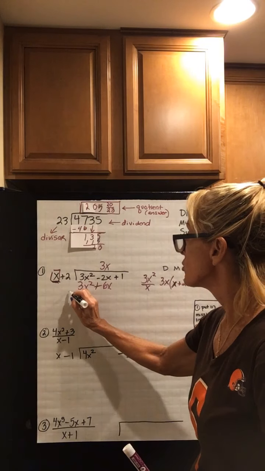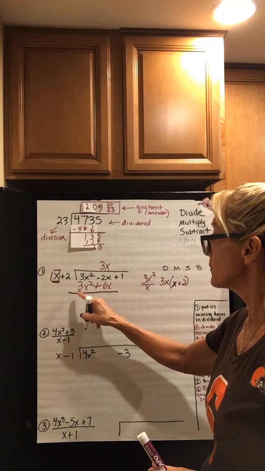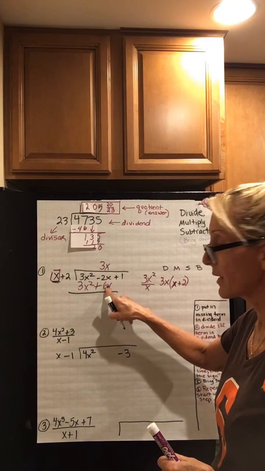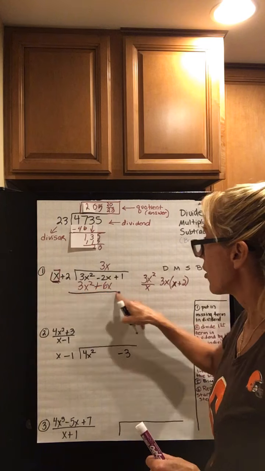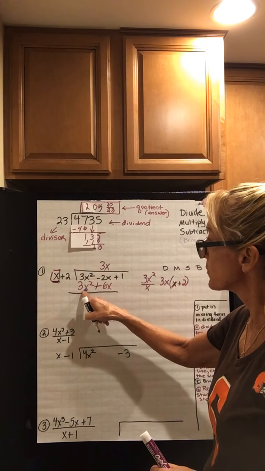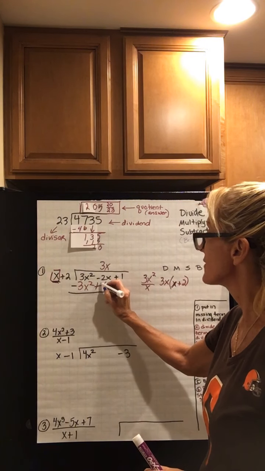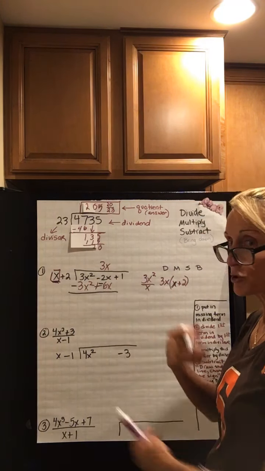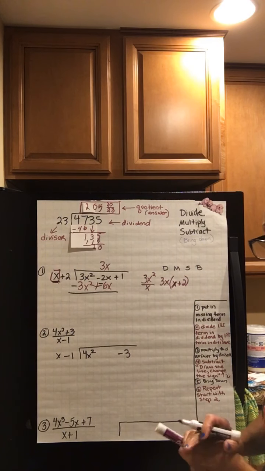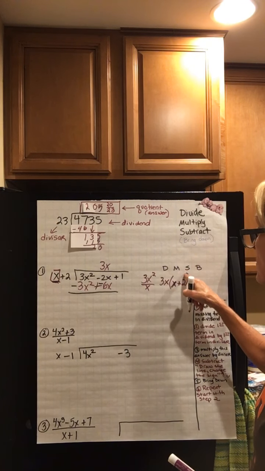Draw the line, and then because this is a negative, we're going to change the signs of everything. Draw the line, change the signs. See how this is positive? That becomes negative. See how this is positive? That becomes negative, because we're distributing a negative. So draw the line, change the signs. That's distributing a negative, that's subtraction.